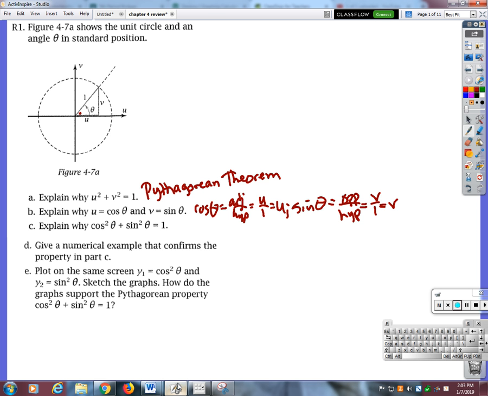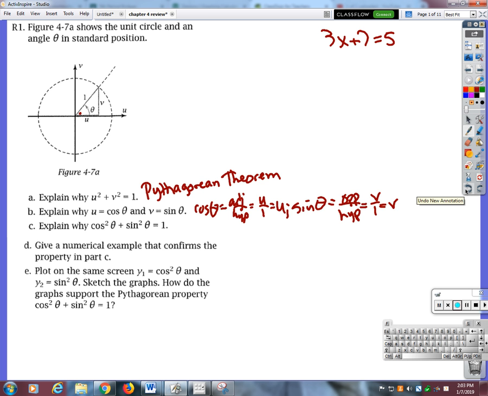What's that algebra called when you take something and plug it into a different equation, like when you have 3x plus 7 equals 5, and I know x equals 2, so I'm going to plug it in?